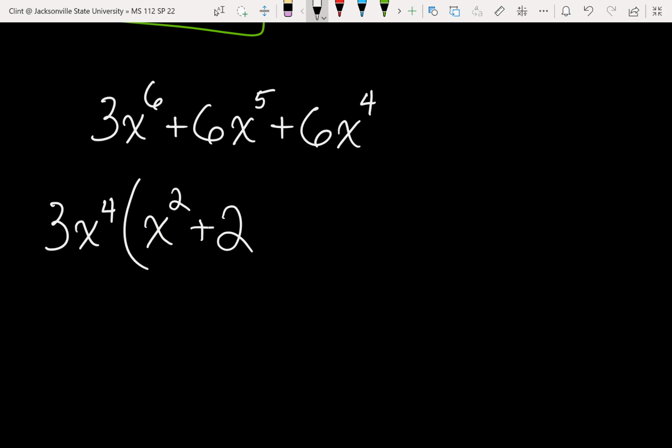And to get from x to the 4th to x to the 5th, we need another x. On the last one, we're trying to get from 3 to 6, so we need a 2 again. And we've got x to the 4th. We're trying to get to x to the 4th, so do we need any more x's? Nope. So we've taken out the common factor there.